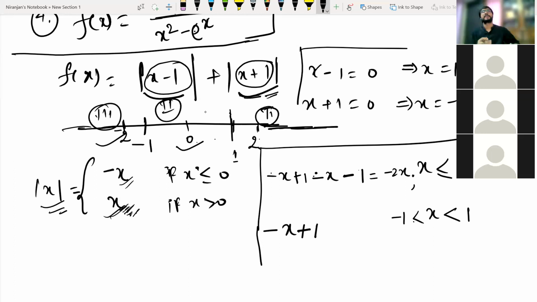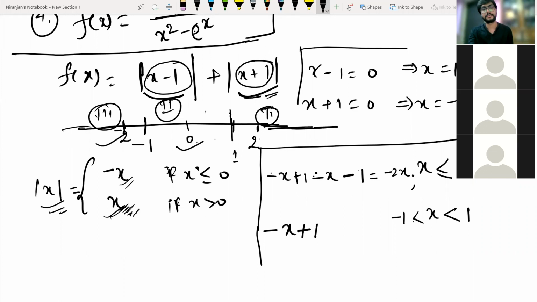Okay. So what I said is, first you go on the number line. You know how you get minus 1 and 1 on the number line. You use the x minus 1 term and the x plus 1 term and figure out the values for which these two terms are going to be 0. So first term is x minus 1.